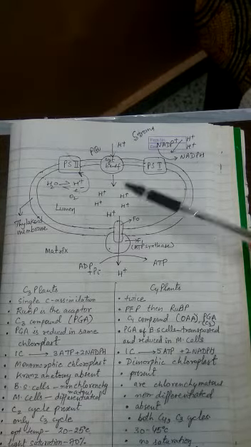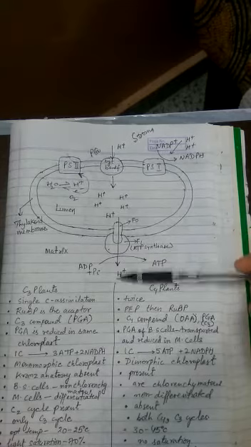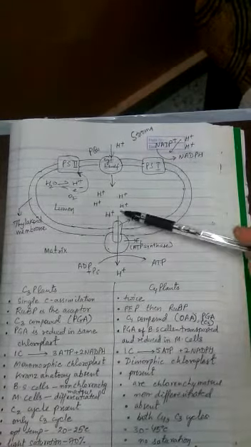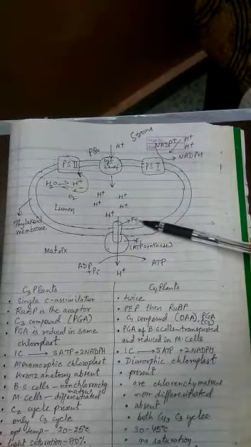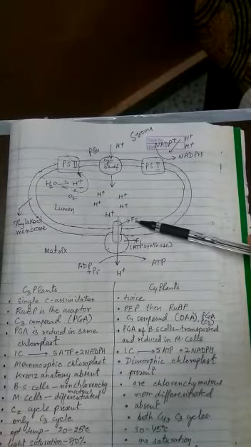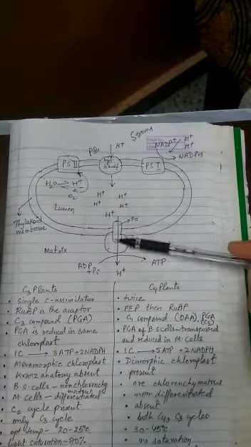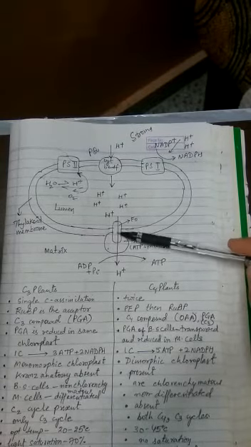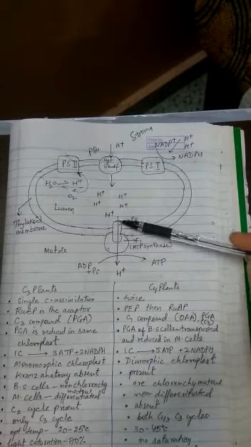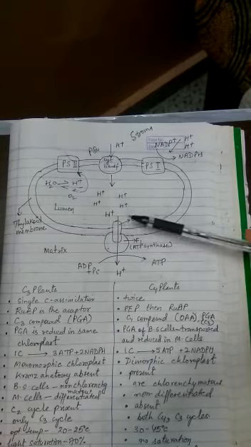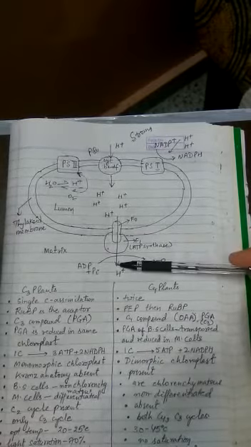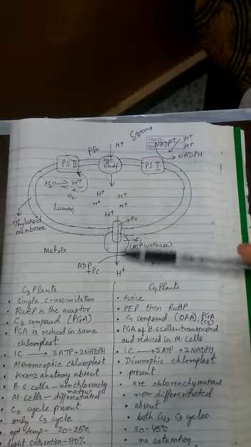Now these protons will try to move across this thylakoid membrane from lumen to stroma through a particle called the F0 particle. F0 particle is a transmembrane protein. Fluid mosaic model, I think you remember. It's a transport protein which will allow the transfer of H plus across in one direction only, from lumen to the stroma.